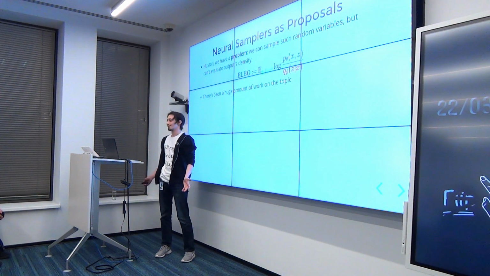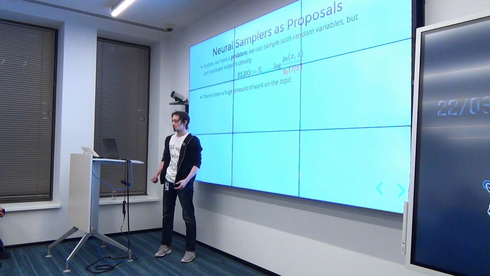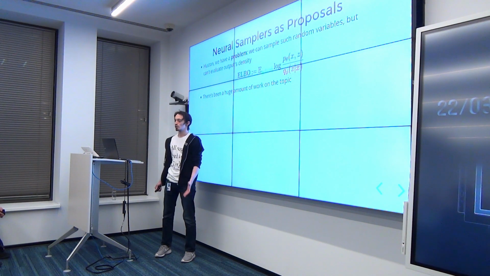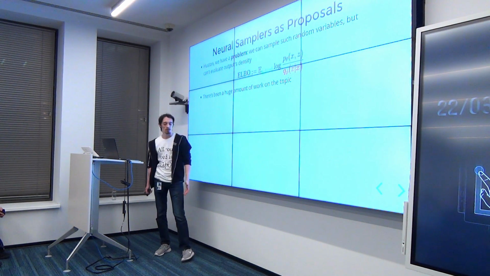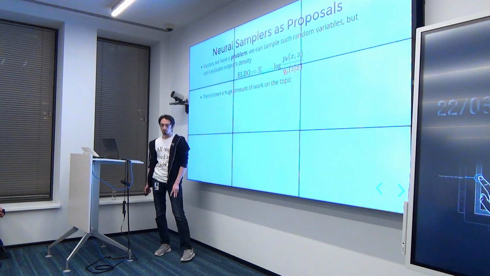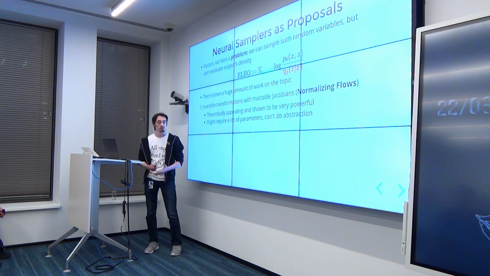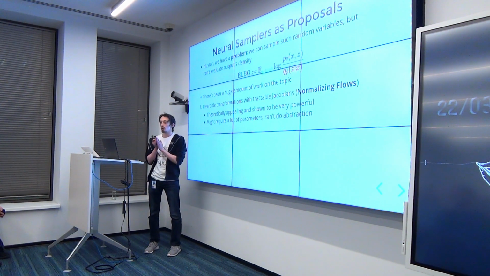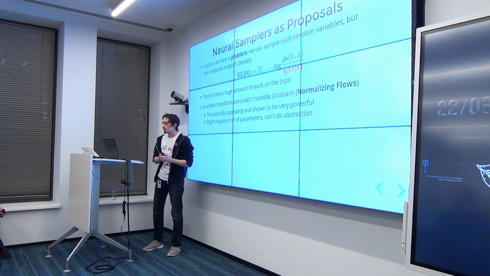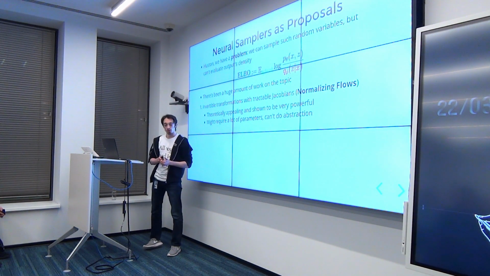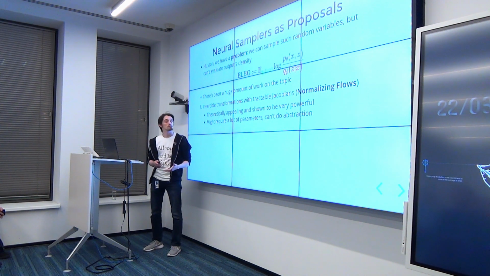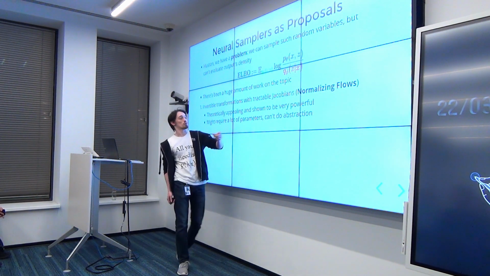But it's not the first time people have thought about such a problem. There's been a lot of work on this topic. I would roughly categorize it into three different categories. First are the so-called normalizing flows, invertible transformations where you can efficiently compute the Jacobian, and thus you can efficiently compute this density.